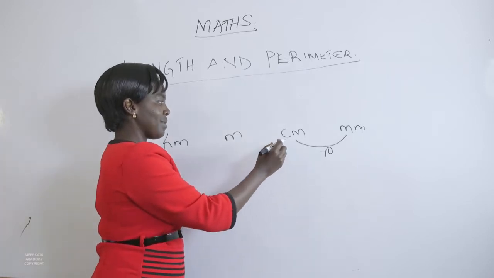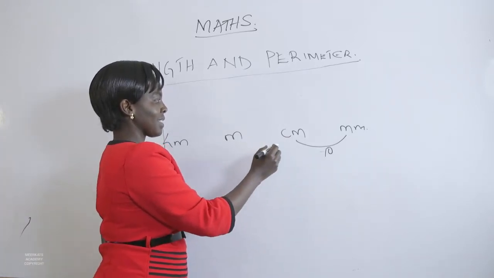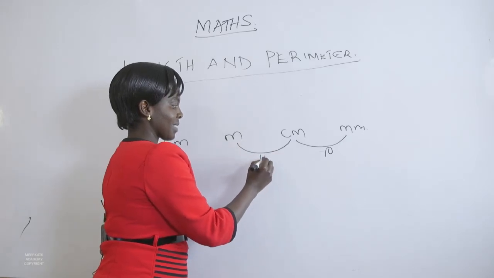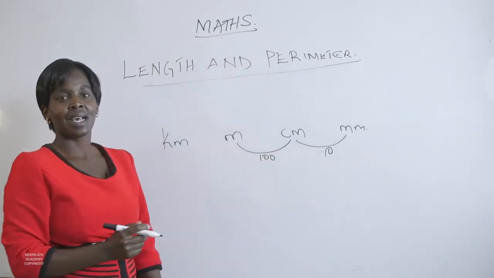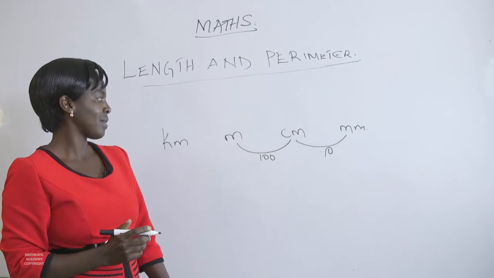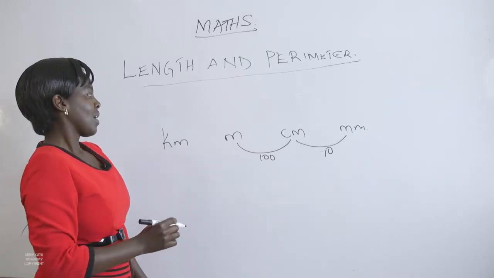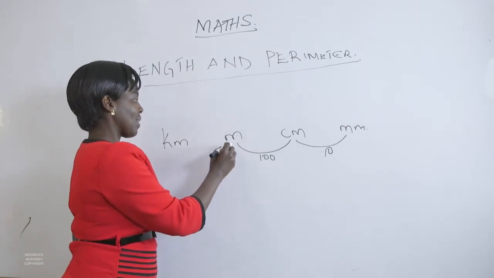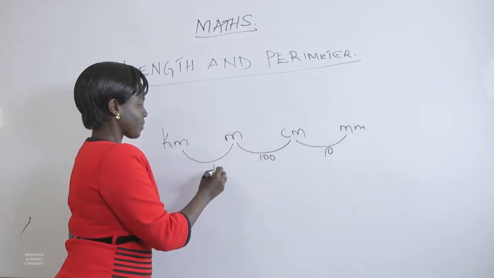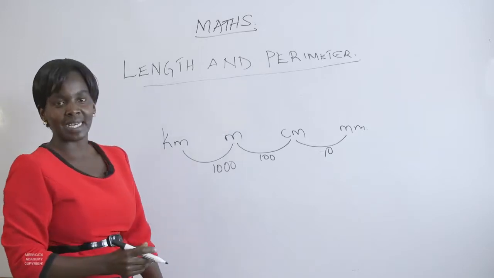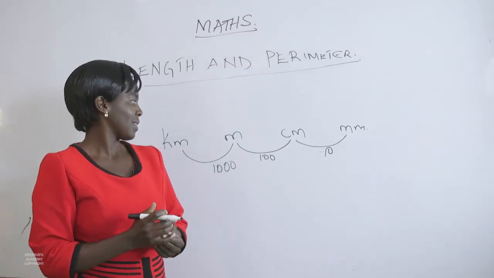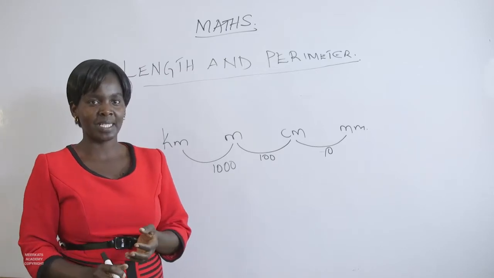If you are at a centimeter and you want to get meters, then 100 centimeters will make 1 meter. If you are converting meters to kilometers, then you need 1,000 meters to get 1 kilometer.